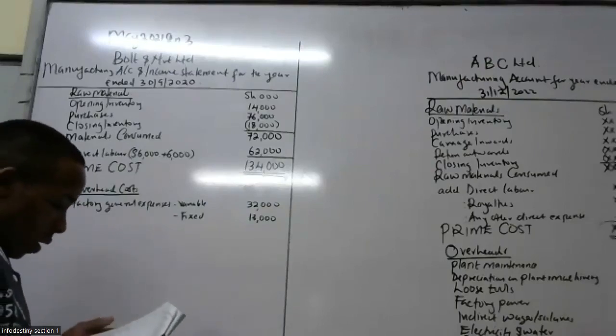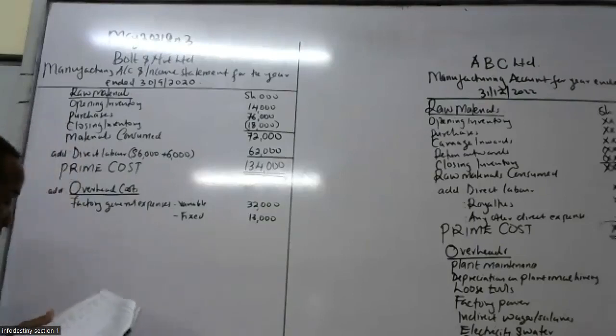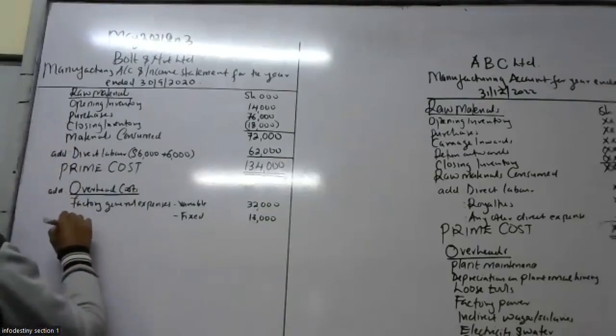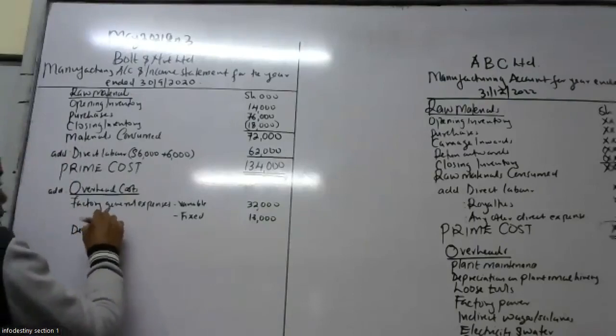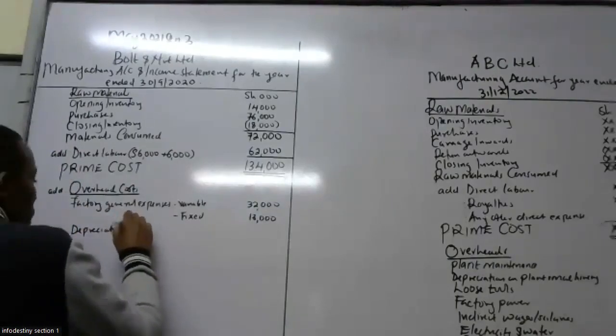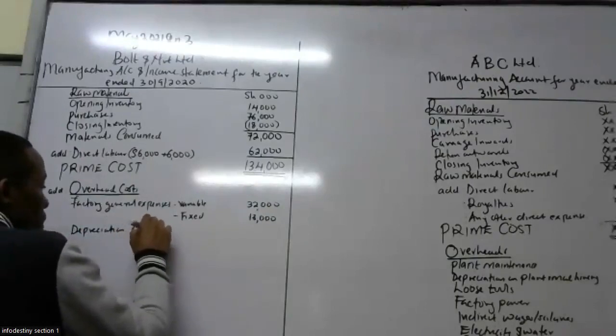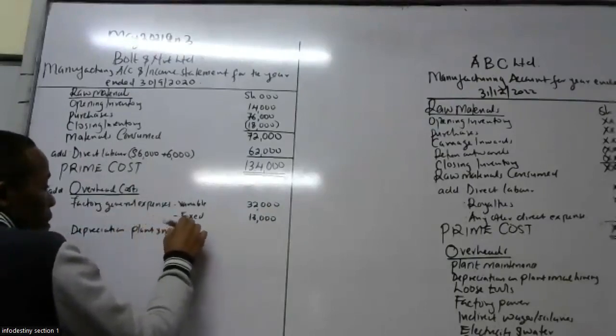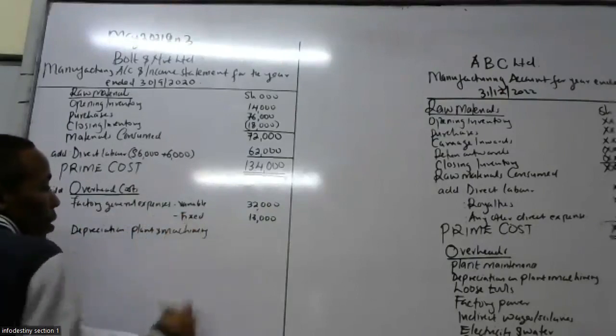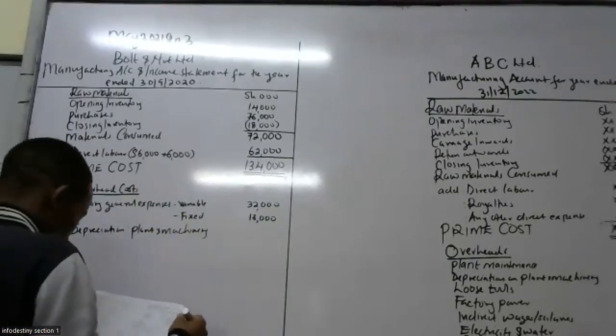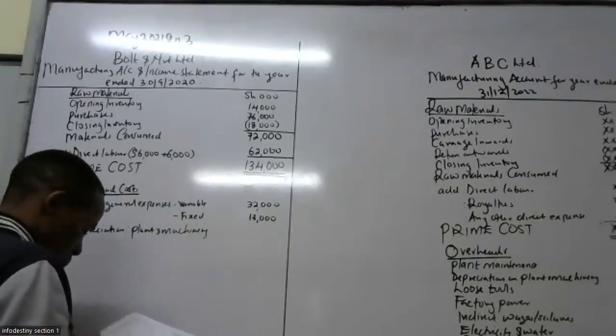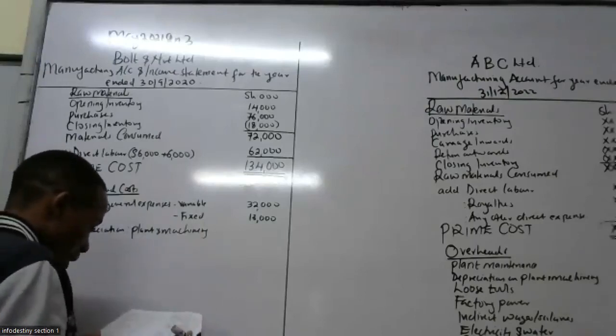So we take depreciation on plant and machinery. For plant and machinery, we are told that depreciation is provided at 10% on cost.